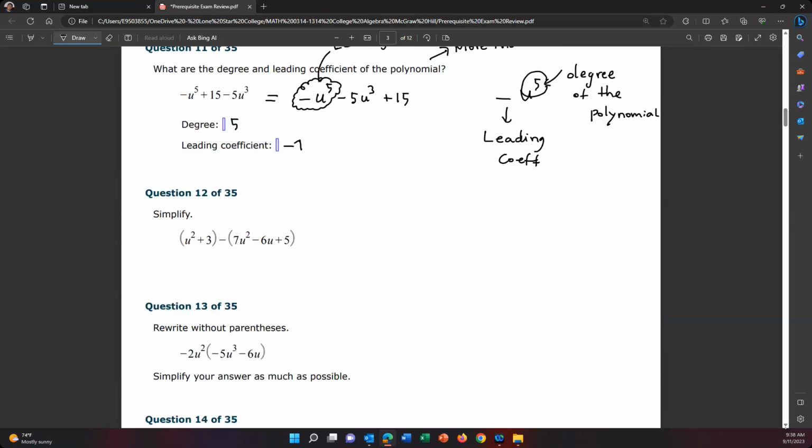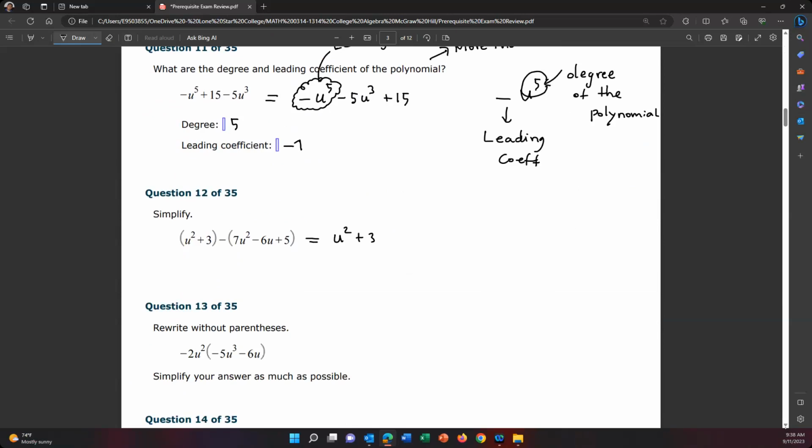Number 12 wants us to simplify. What I'm noticing here is a subtraction between two polynomials. Nothing is going on in the first one, there is no distribution to apply, so we just have u squared plus 3.